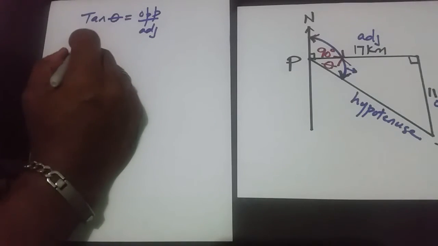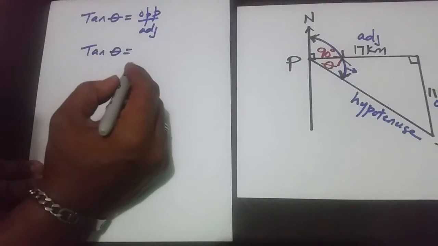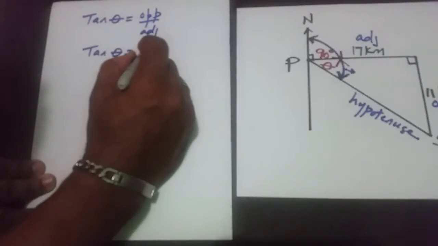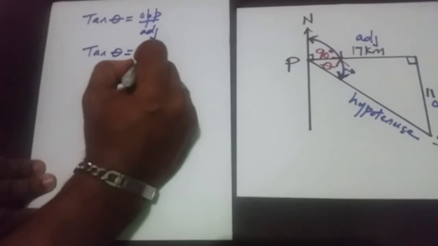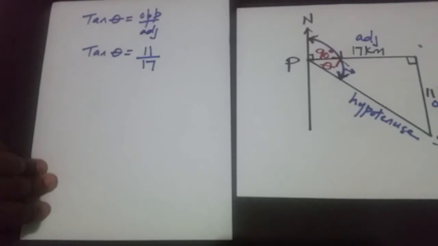So tan theta, which is how we find the angle inside the triangle, is going to be equal to 11 over 17. Okay? And you need to go ahead and find whatever 11 over 17 is.